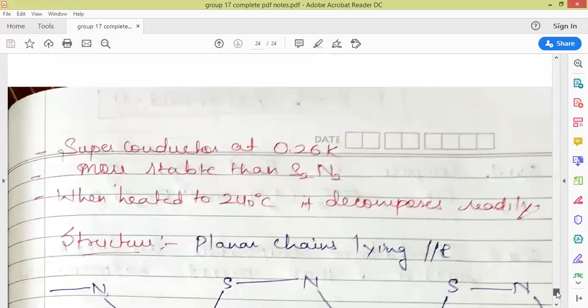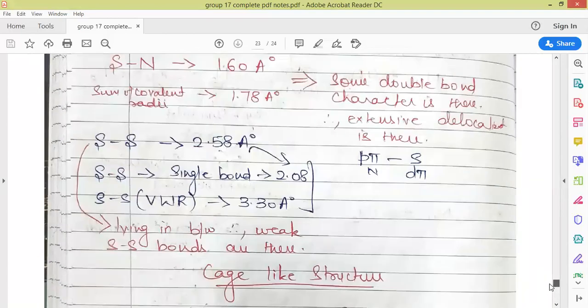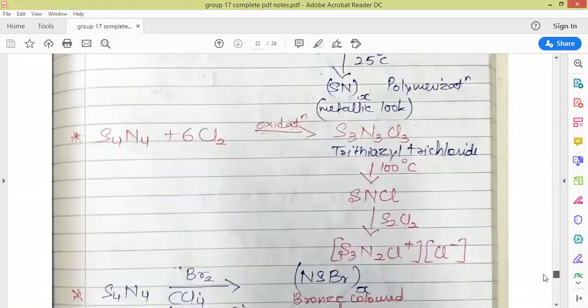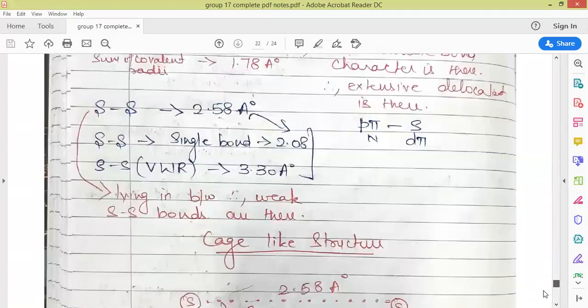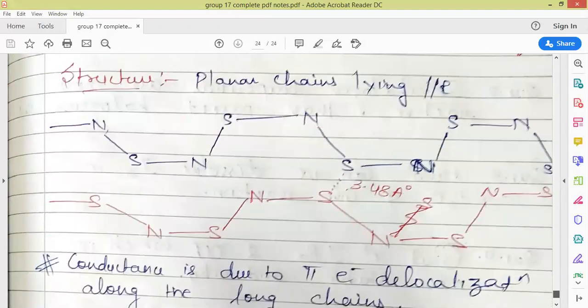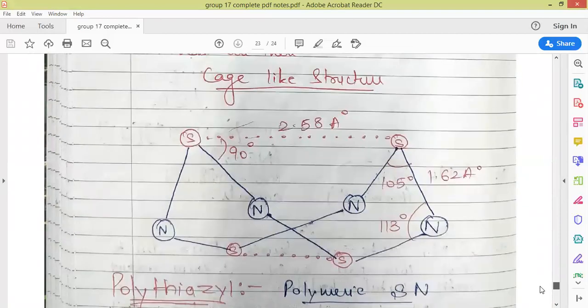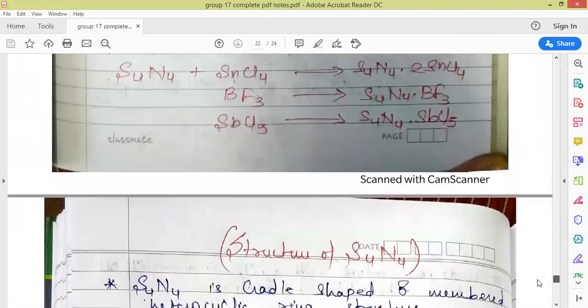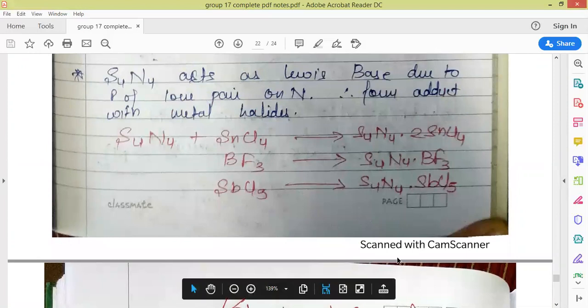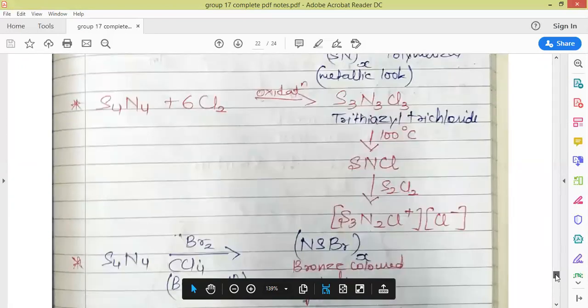So the reactions of S4N4 and the structure of both (SN)x and S4N4, the synthesis of polythiazyl, the synthesis of S2N2, the synthesis of S4N4, these are some reactions, and the Lewis base character of S4N4. These reactions are very important. You must know how to write these reactions and you must memorize them.